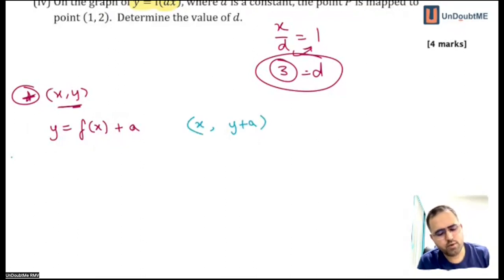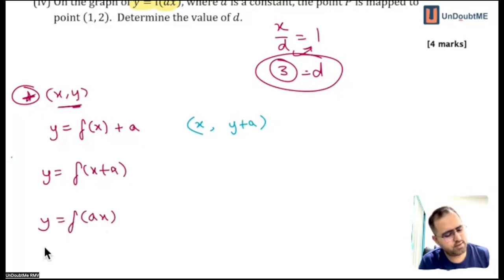Next, if it is f of x plus a, or f of ax, or a f of x, we'll write for all 4 possibilities.